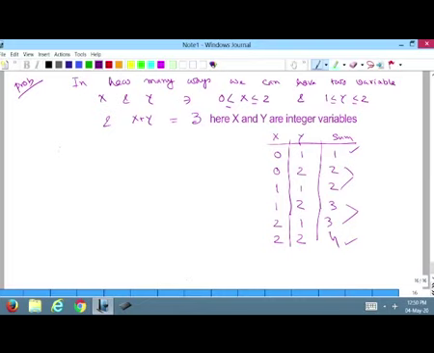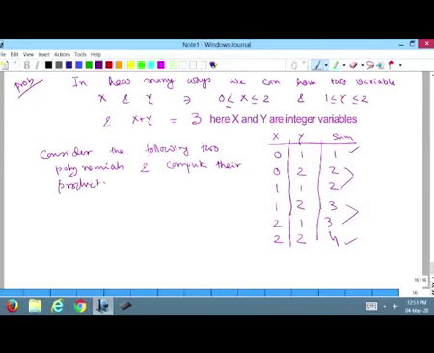So, how to do that? Consider the following 2 polynomials and compute their product. So, what are those polynomials? Because x takes the value 0, 1, 2, we write z to the power 0 plus z to the power 1 plus z to the power 2.